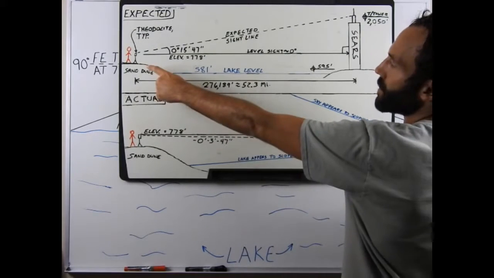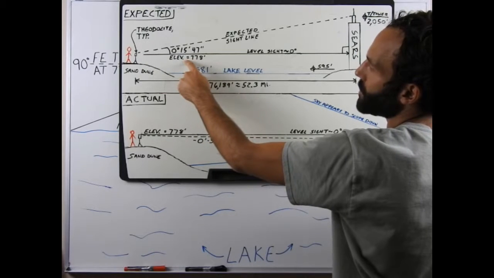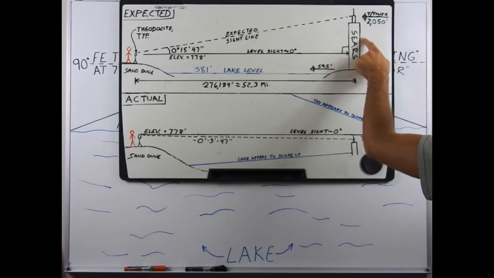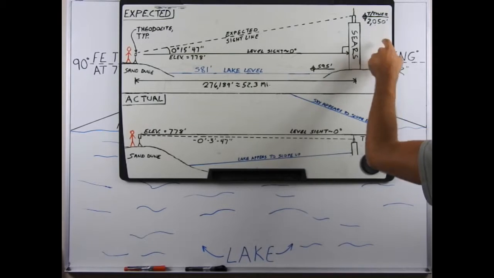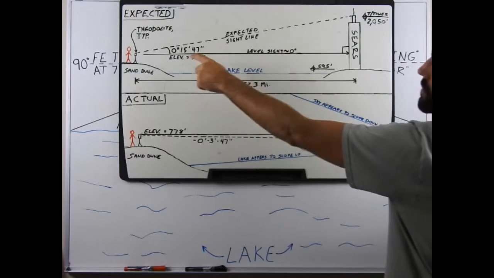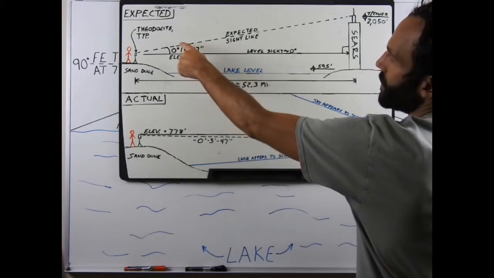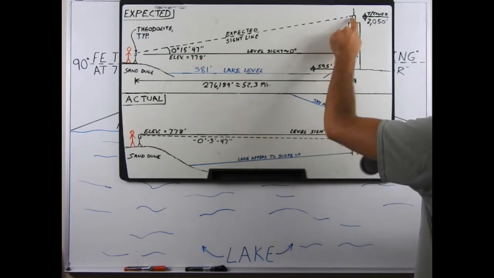We have the theodolite over here at 778 feet above mean sea level, and the Sears Tower over here 52.3 miles away, and the top of the tower is at roughly 2,050 feet above mean sea level. Then you should be able to just use a simple right triangle to determine what angle you should measure with the theodolite to the top of the tower.